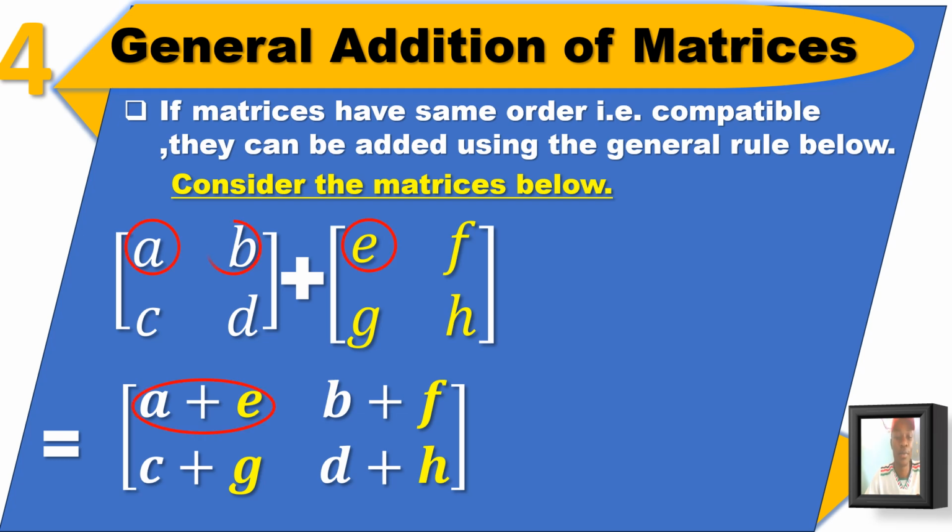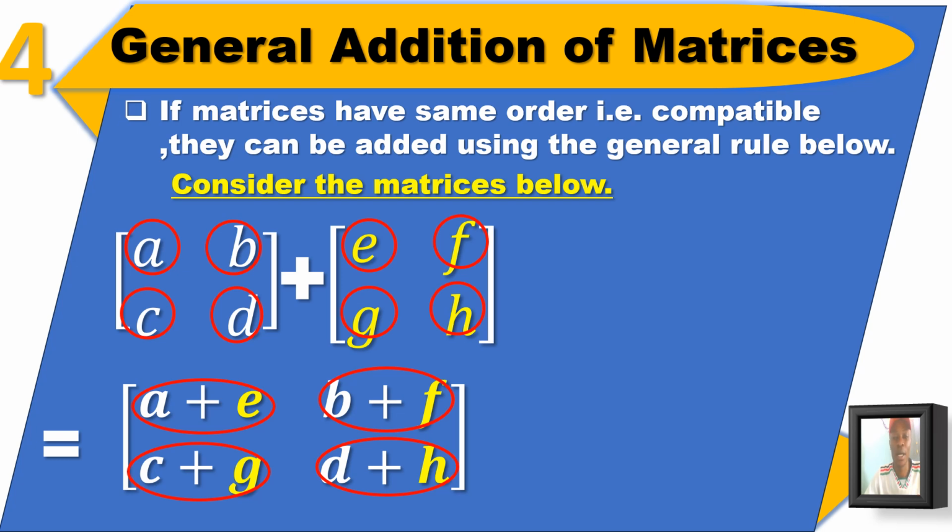So A plus E giving us that, then B plus F giving us that, then C plus G giving us that, and we can also have D plus H. So that will be our complete addition of the matrices.